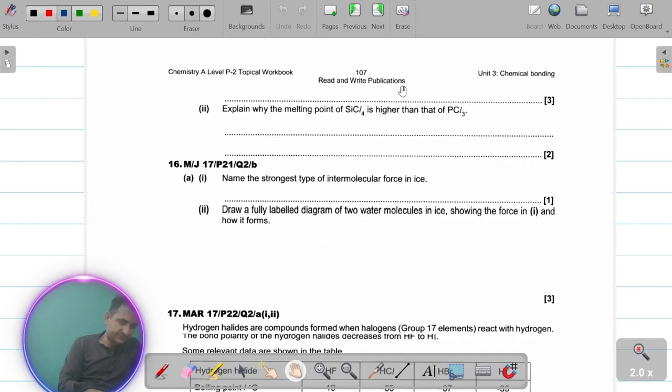So what is the reason? Explain why the melting point of SiCl4 is higher than PCl3.